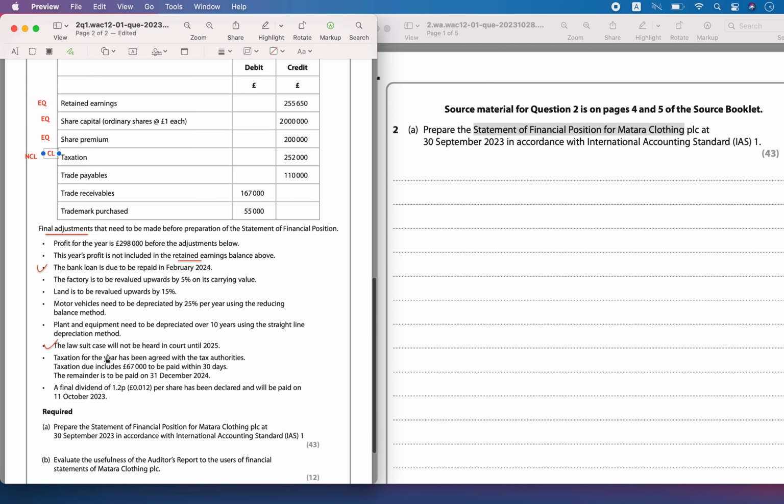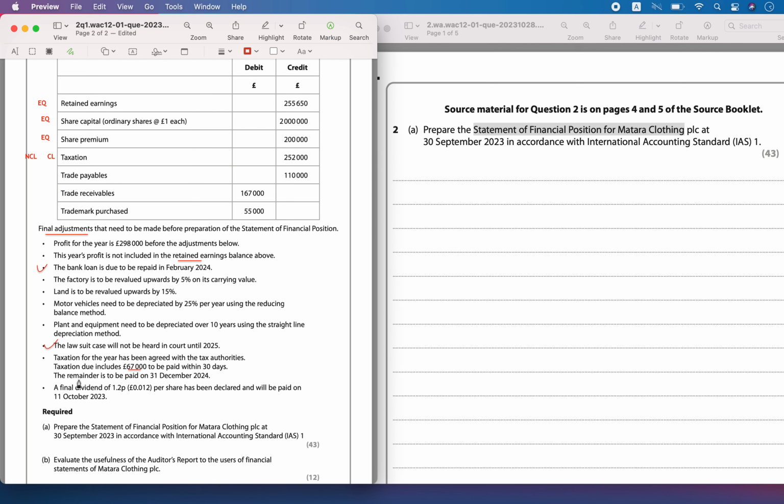Why? Because here we can see that the taxation for the year has been agreed with the tax authorities. The taxation due portion is going to appear as a current liability, and the remainder is to be paid on 31st December 2024. So it appears in both non-current and current liabilities.